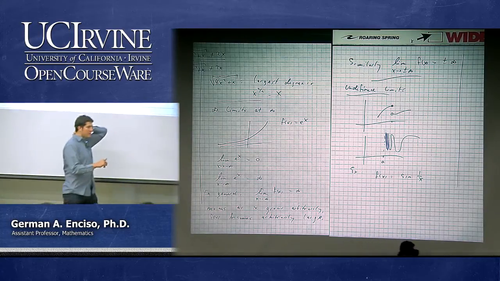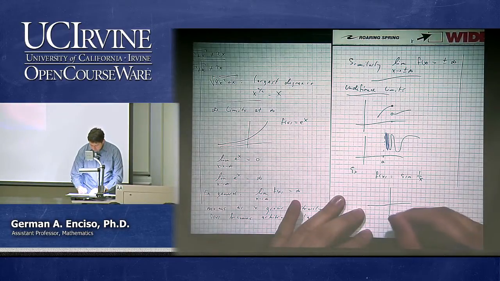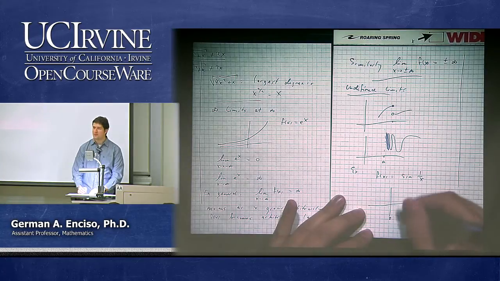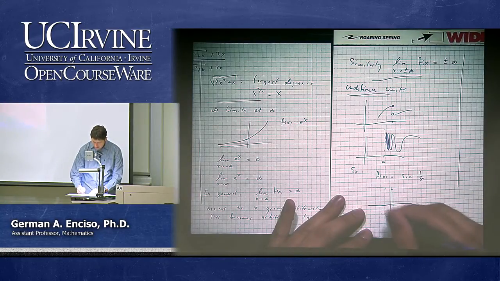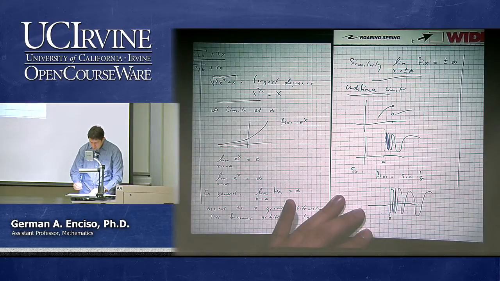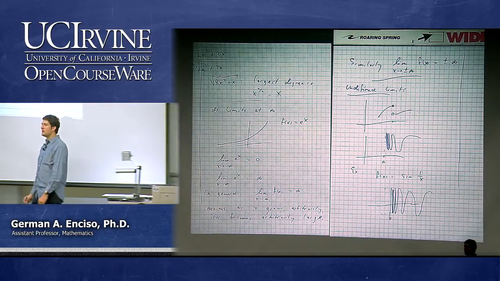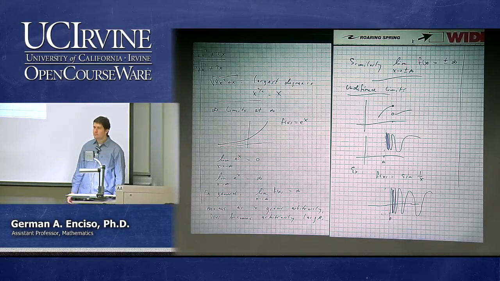So as x becomes closer and closer to 0, the function sine of 1 over x starts oscillating faster and faster and faster. So this is 1, this is minus 1. And you can't even draw this thing because it starts oscillating so fast that the paper is not good for trying to draw it. But there you go.